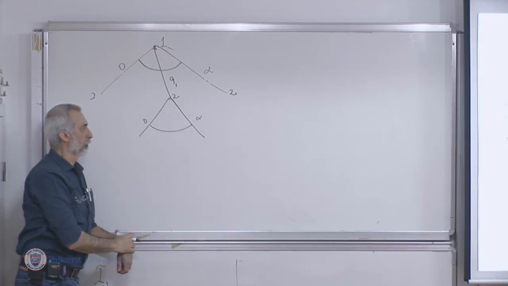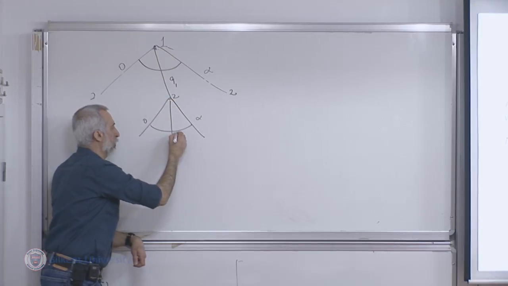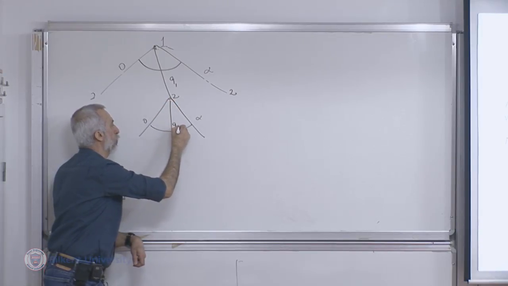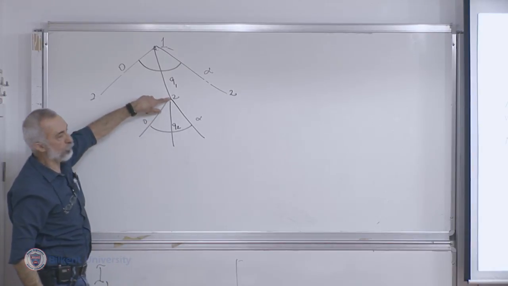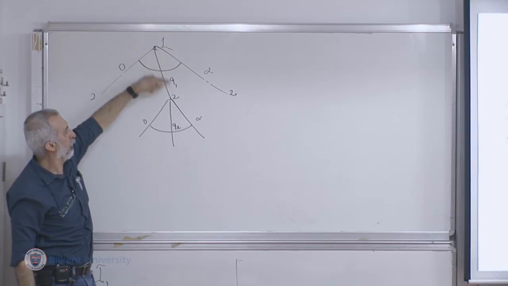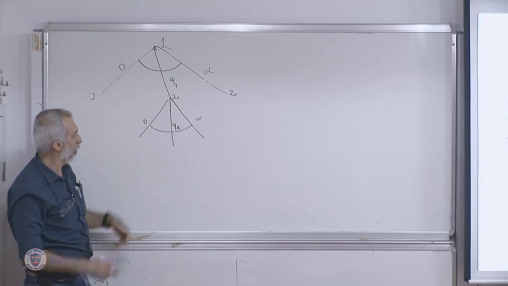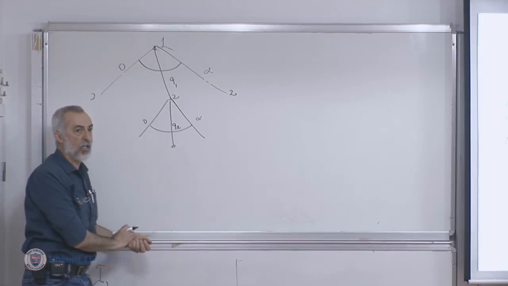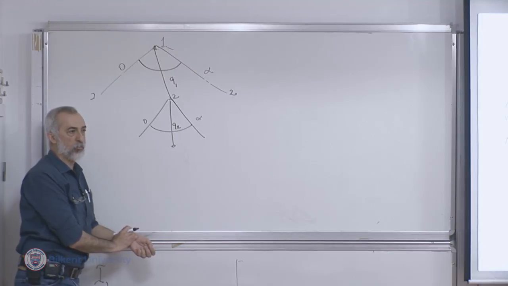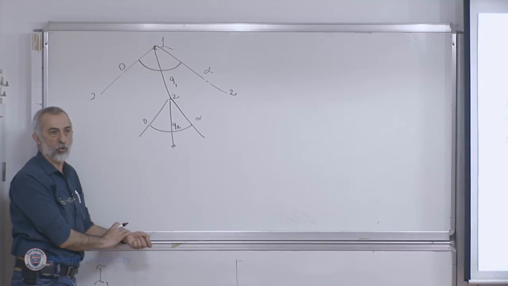Let's say again, take a generic node denoted with Q2. So this is the history that is denoted with Q1. This is the history which is denoted with Q1, Q2. And that's a terminal node. The game ends.